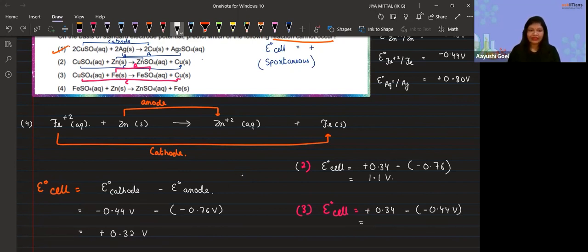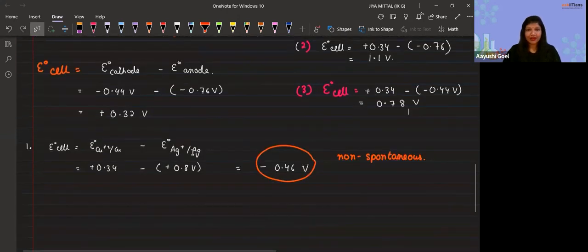When we calculate this, we get 0.78 volt. So it is also positive, and this reaction will occur. So only the first reaction will not occur.